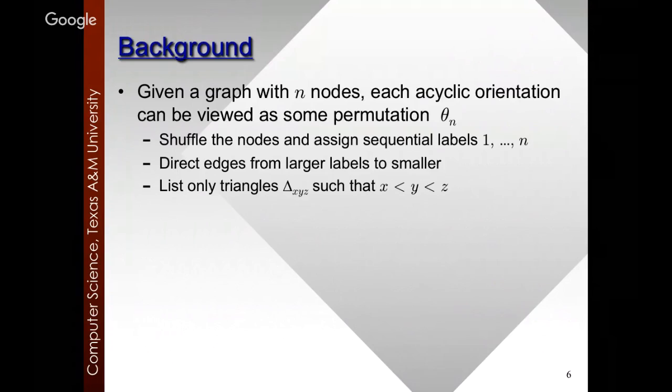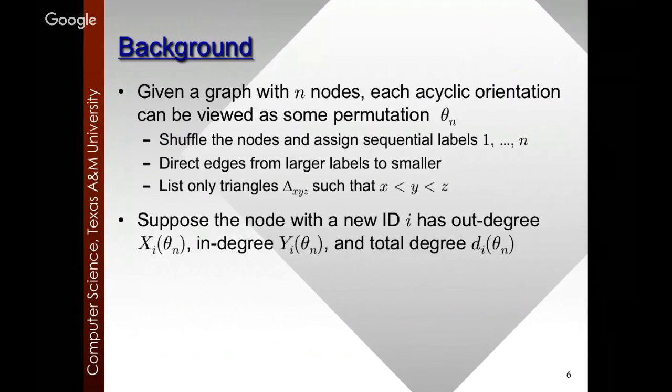The last step is to list triangles using a fixed order, say x less than y less than z, so each triangle is listed only once, compared to the naive implementation, where every triangle is visited 3 factorial, which is 6 times. So now after the orientation, let's say the node with a new ID i has its degree split into 2 parts. One is the out degree, we call it X_i, and the other part is the in degree, which is Y_i, and they should sum to the original degree d_i.